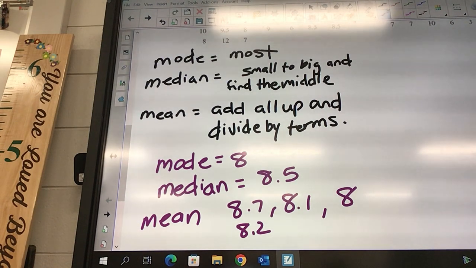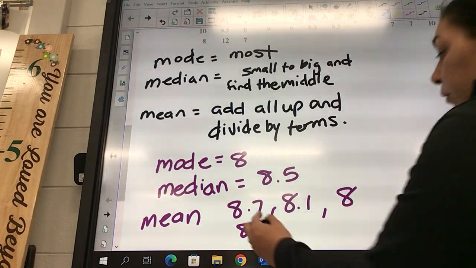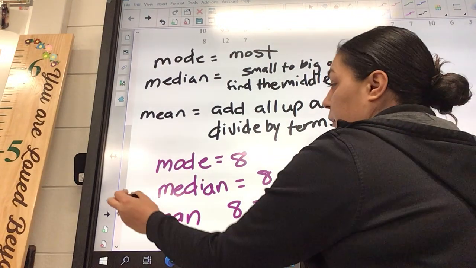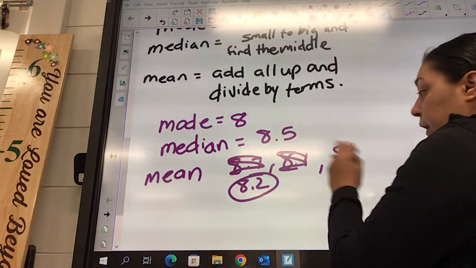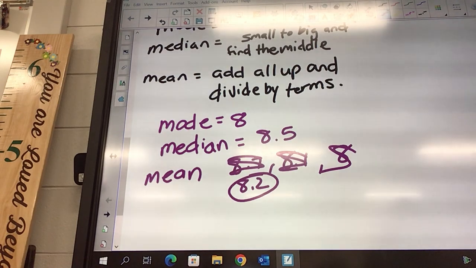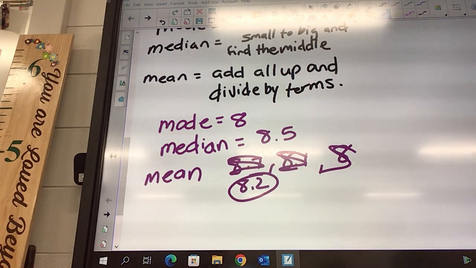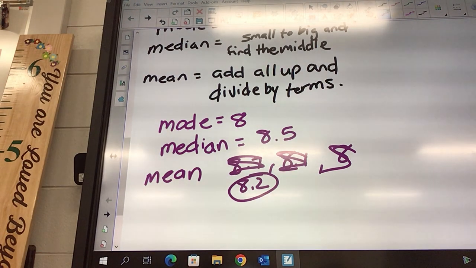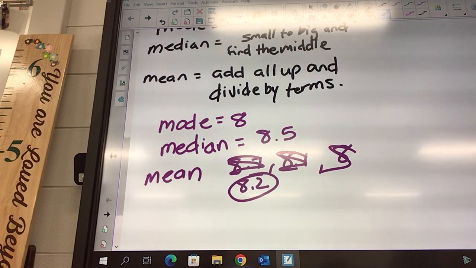I got 8.2. Okay, so we're gonna go with 8.2. I did my math wrong. Hopefully that's right. Okay, when you're doing your test though, that goes to show you, you probably need to type it twice, okay? To double check.